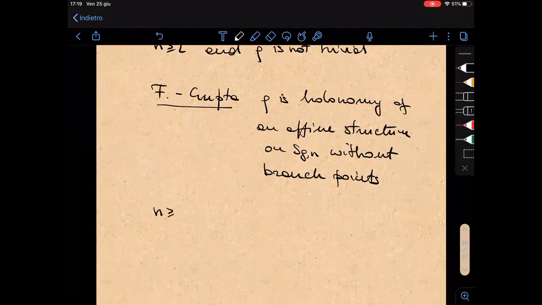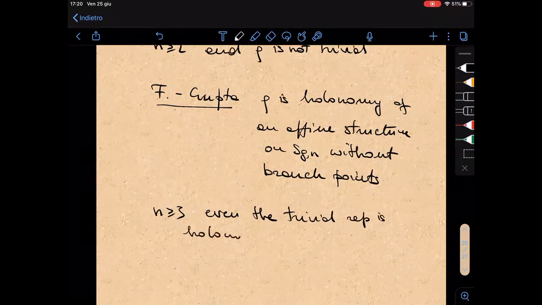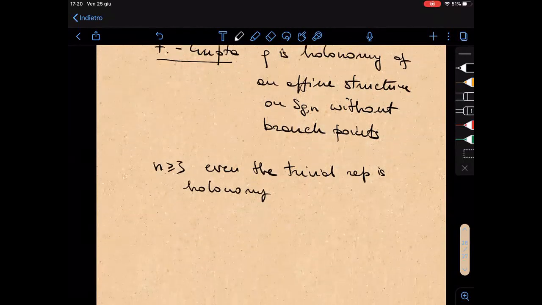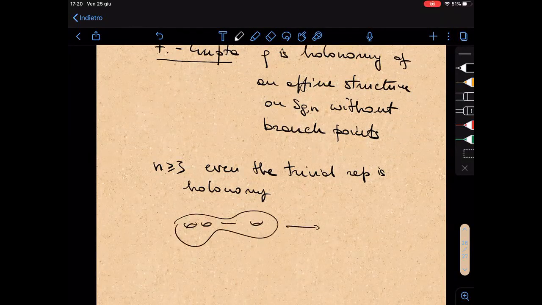If n is at least 3, then even the trivial representation is holonomy. And this comes from the fact that if the trivial representation is the holonomy, then you can get some branched covering over the sphere, CP1, branched at 0, 1 and infinity.